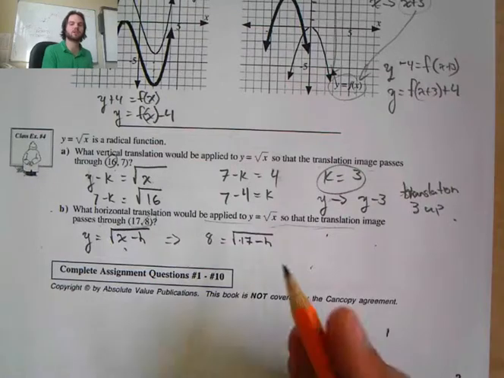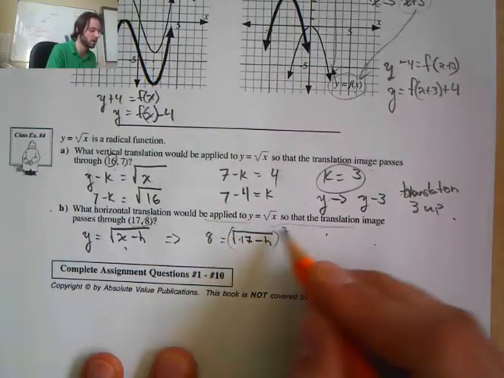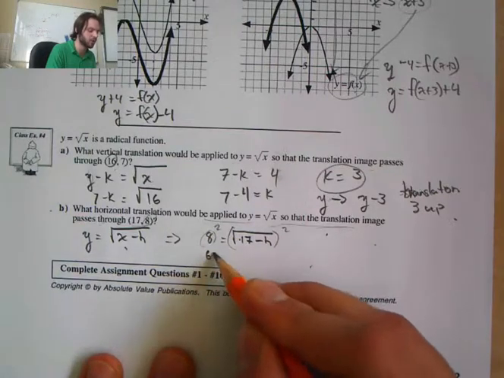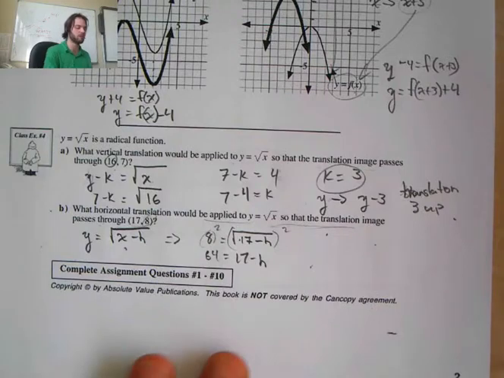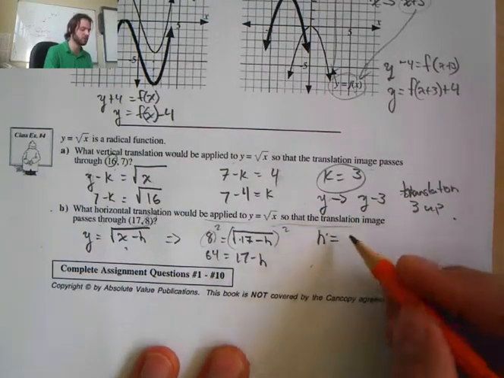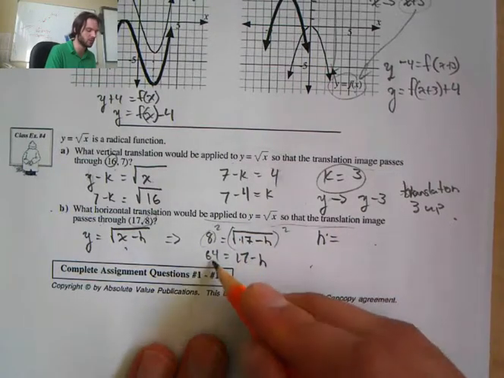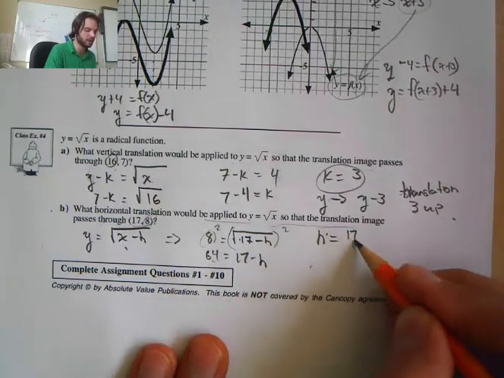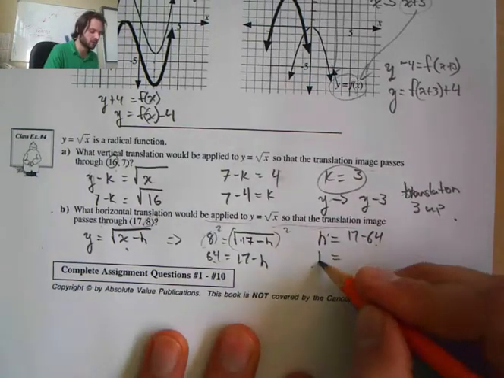So now we have to try and solve for this h here. So first thing I'm going to do is square both sides. So I get 64 is equal to 17 minus h. Now solve for h even more. I'm going to end up getting h is equal to 17 minus 64, right? So we just switch these around.